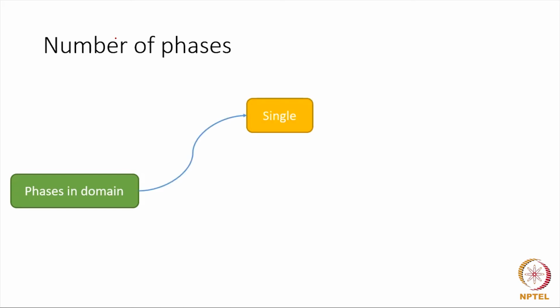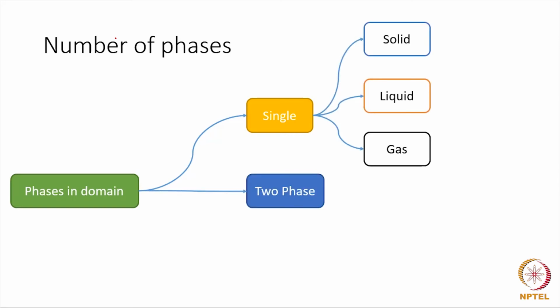The number of phases is also important. Very often in the numerical problems at the level of an undergraduate textbook problem, you usually have only a single phase in the domain. So the domain comprises a solid or a liquid or a gas, and you do not have any other complication. However, in a real life situation, you have 2 phases, which actually makes it difficult for us to solve by pen and paper.